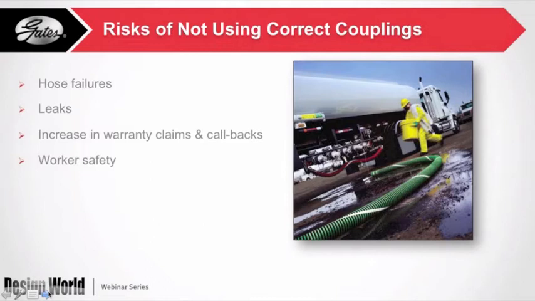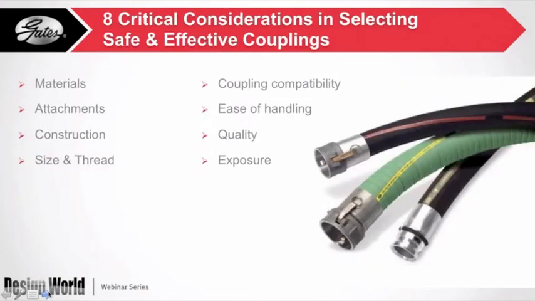You're going to have some sort of a hose failure that will result. Leaks or spills that can require a hazmat cleanup, depending on the type of material that you're transferring through the hose, can also occur. Also, an increase in warranty claims, customer callbacks, customer satisfaction issues, and ultimately worker safety, depending on the nature of the application of the hose that you're using.